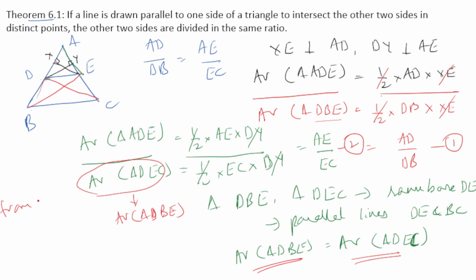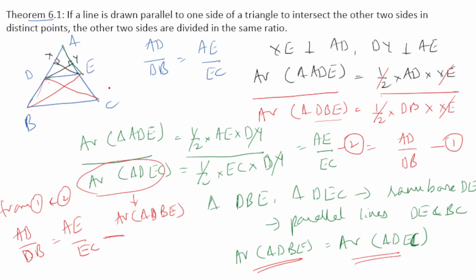So AD divided by DB is equal to AE divided by EC. See, this is the ratio of the sides. DE divides these two sides in equal ratio.